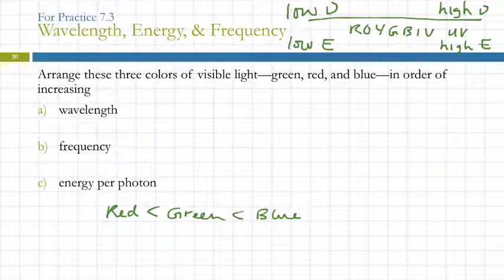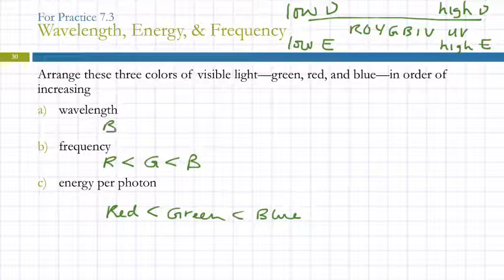So the order for frequency is the same as the order for energy. Red, then green, then blue. And then frequency and wavelength have an inverse relationship. So the order for the wavelength is going to be opposite of that for frequency. Blue has the shorter wavelength, and green's is still in the middle, and red is the longer wavelength.